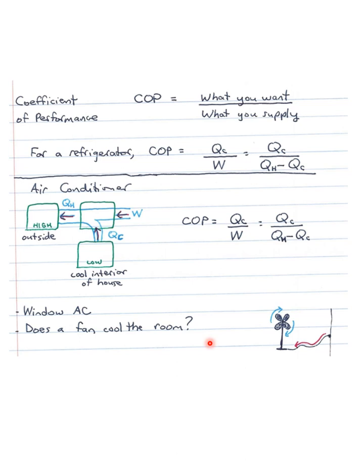It also helps in the evaporation of perspiration, and these are things that cool off the body. So yes, you feel a cooling effect when that air is blown over you. But if nobody's in the room, turn the fan off, because most likely you're just adding energy to the room.